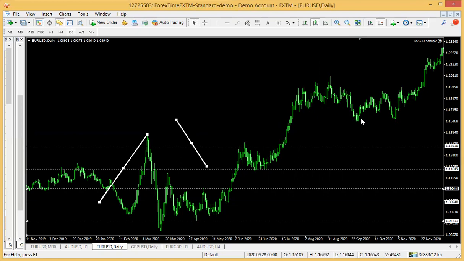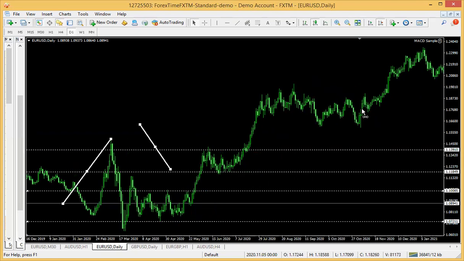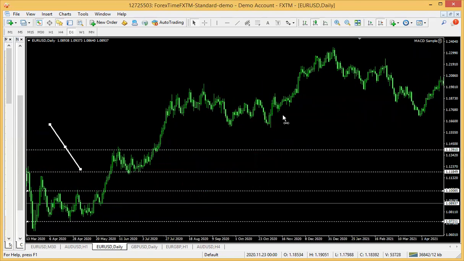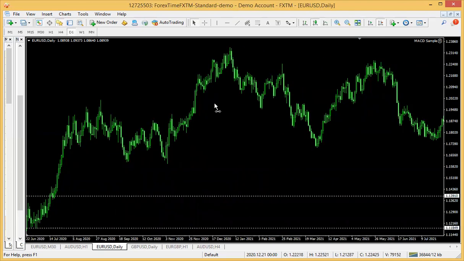Okay, after this pullback, from here again, the market starts going up. But there is something that happens. While this market is going up here, it gets to a point where it needs to change trend. But study something: the candlesticks after this; this is a support, a resistance, a very powerful zone.